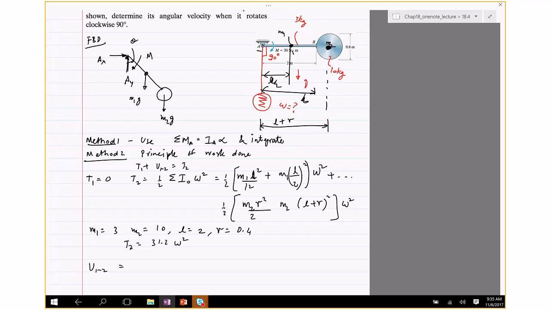So there are 5 forces, and we need to find the work done by those 5 forces. Now, the work done by AX and AY is going to be 0 because the point A does not move. There is going to be work done by M because that is the work done due to rotation, and then there's going to be work done by M1G and M2G. So I need to write down the work done by those 3 things.